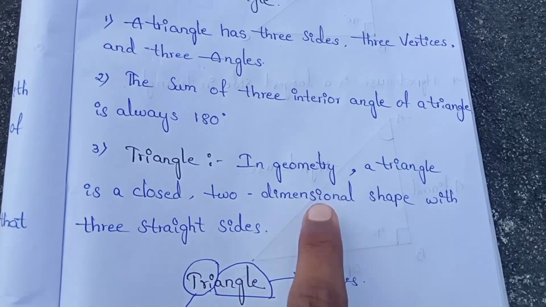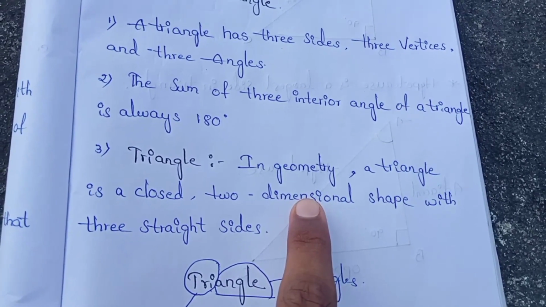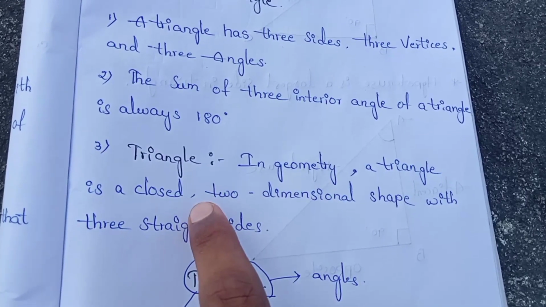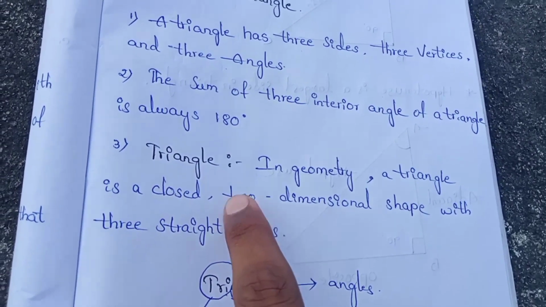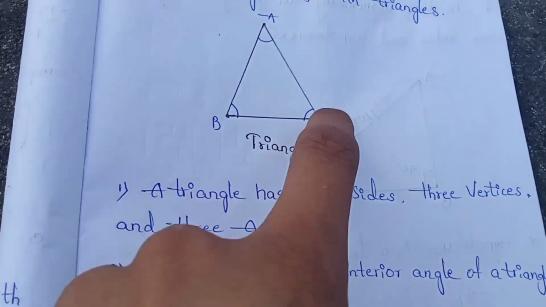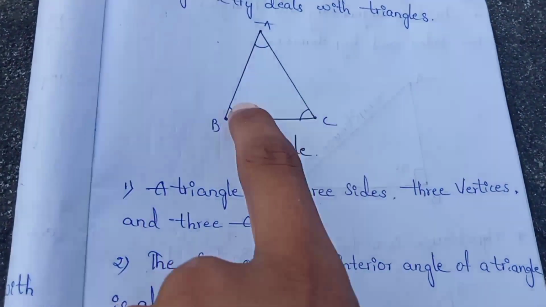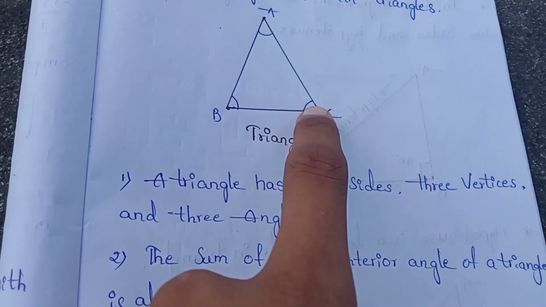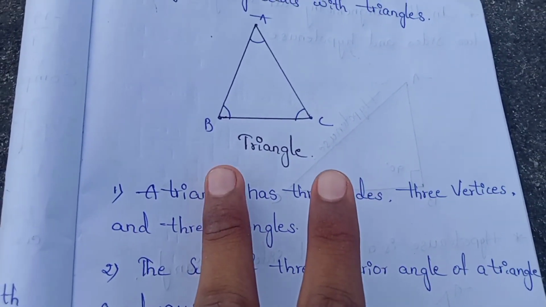What is meant by two dimensions? A triangle has a base and a height. Height and base are two dimensions.